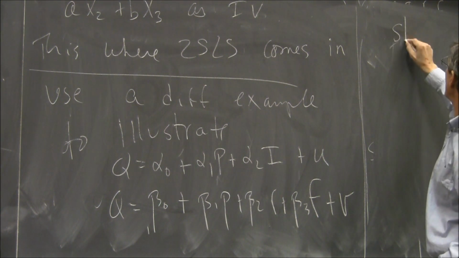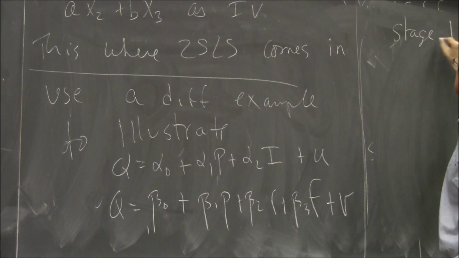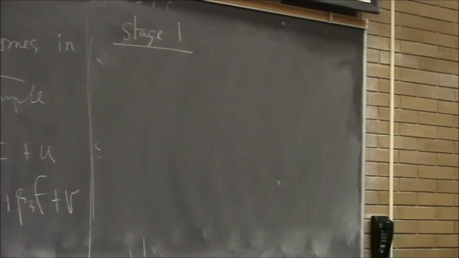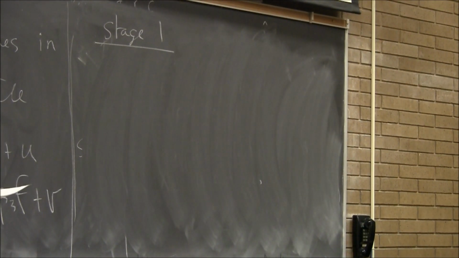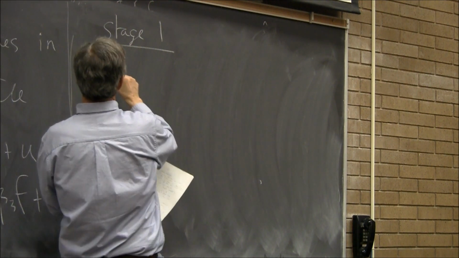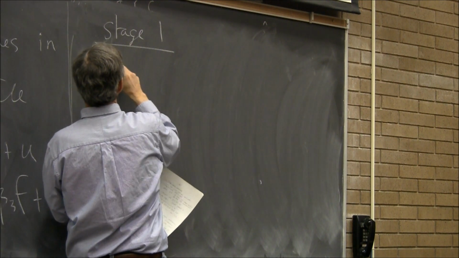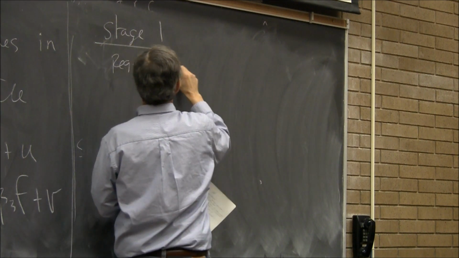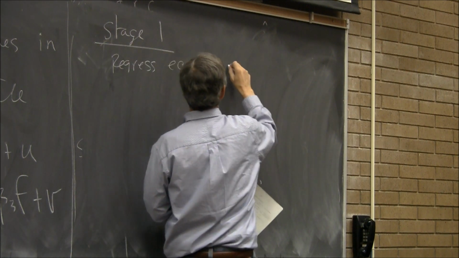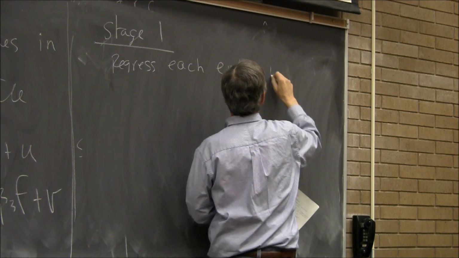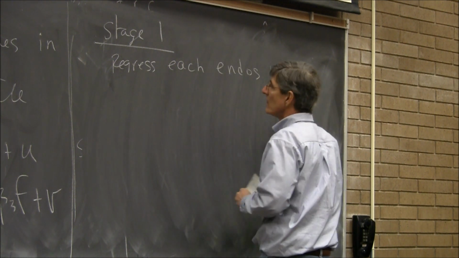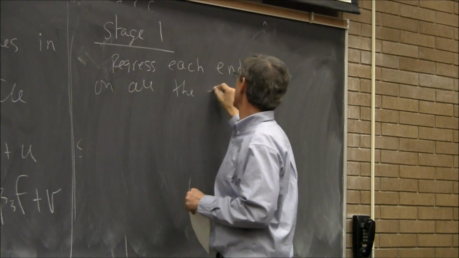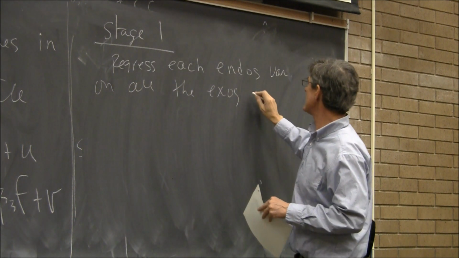Okay, stage one of two-stage least squares. You estimate the reduced form equations. So you regress each endogenous variable on all the exogenous variables in the system.